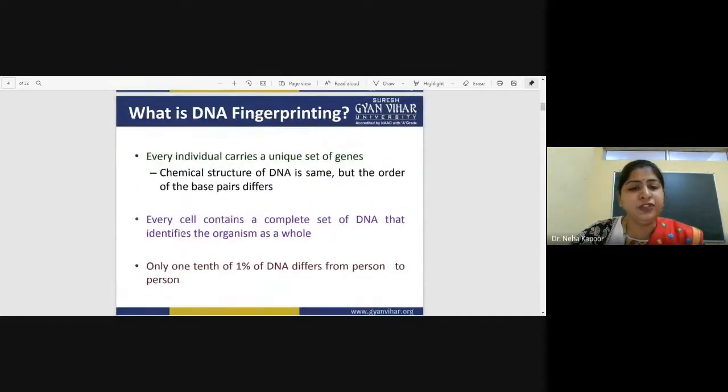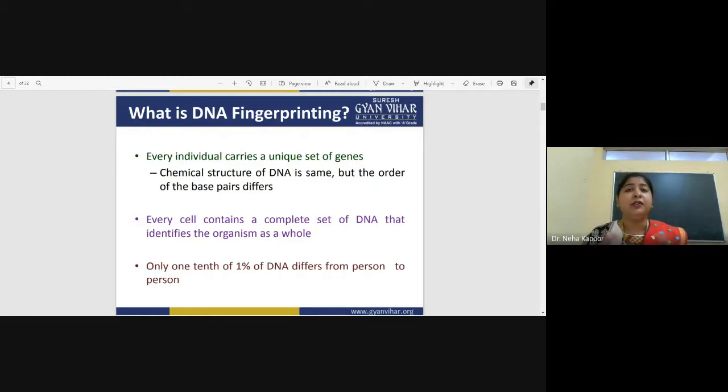So in short, what is DNA fingerprinting? Every individual carries a unique set of genes. That means the chemical structure of the DNA is the same: it has four nitrogen bases, sugar, and a phosphate group, but the order of base pairs differs between individuals, and each cell contains a complete set of DNA that identifies the organism as a whole.